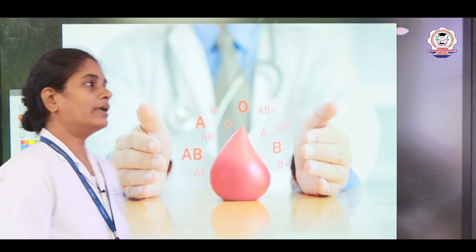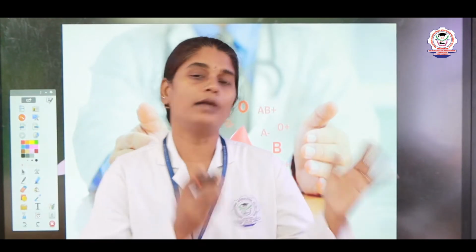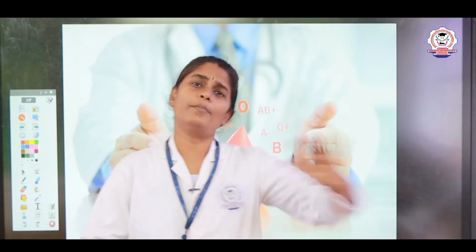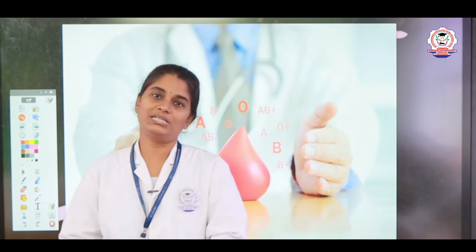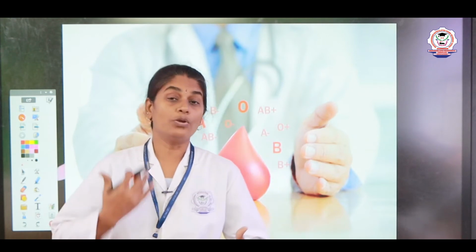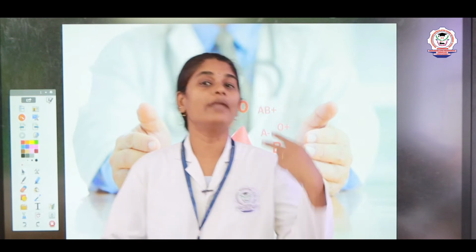So we know that the circulatory system consists of the heart, blood vessels and blood, right. Of course you know about the heart and you also know the blood vessels that carry the blood inside our body. We have two types of blood vessels, which are known as arteries and veins.